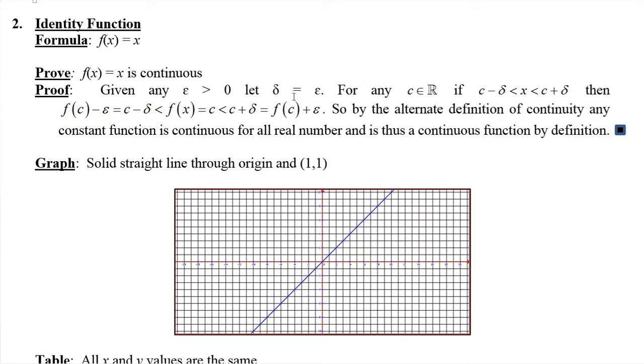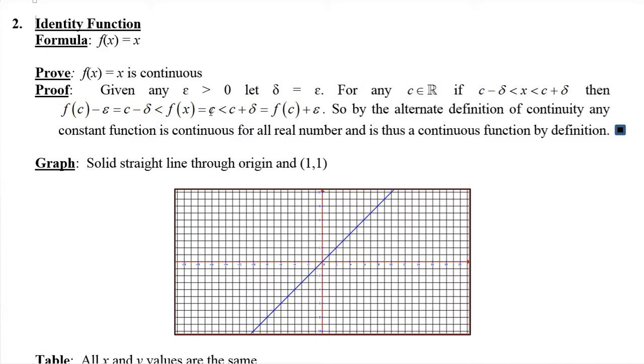Given any epsilon greater than 0, let delta be epsilon for any number c that's a real number. If x is between c minus delta and c plus delta, then f of c minus epsilon is c minus delta, because f of c is c, epsilon is delta. And we know that c minus delta is less than f of x, which is x, right?